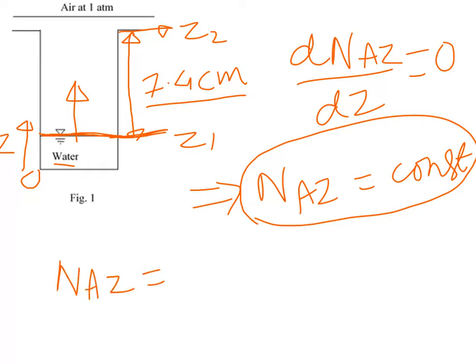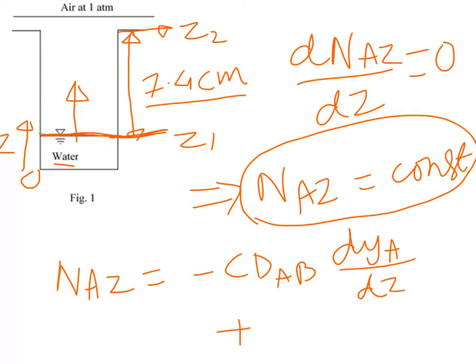Now, as usual, let's go to Fick's law. NAZ equals minus C DAB dYA over dz plus YA (NA plus NB). We have A as water, B as air.